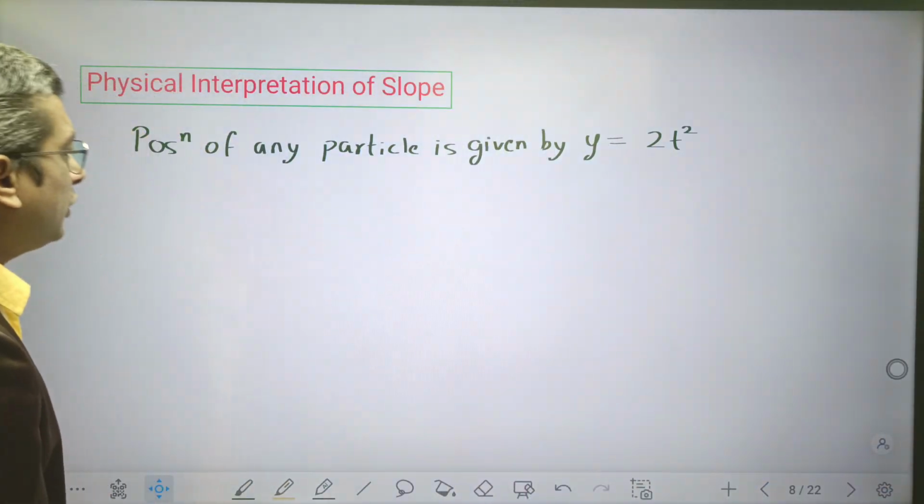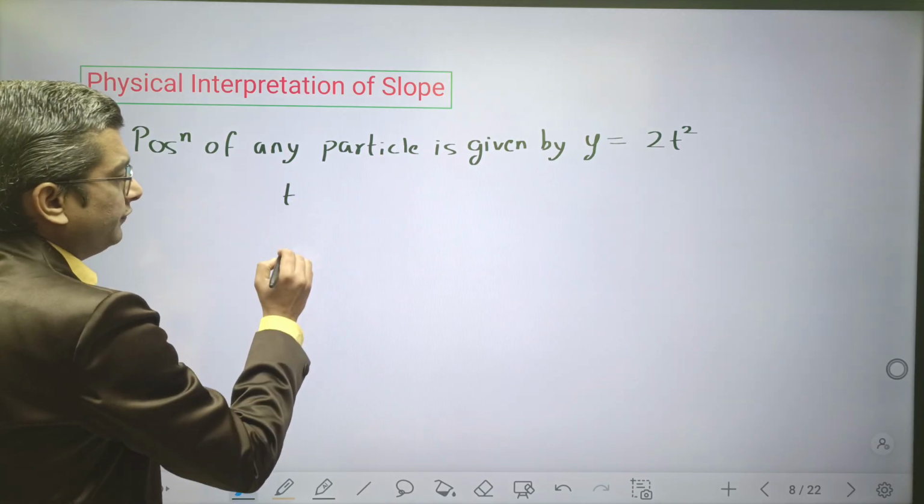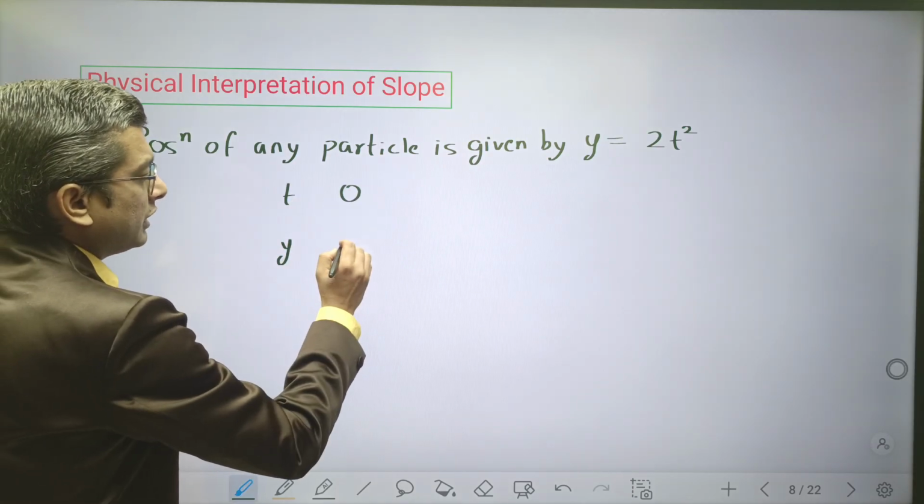So if we change the value of t, suppose t is 0, then y will be 0.